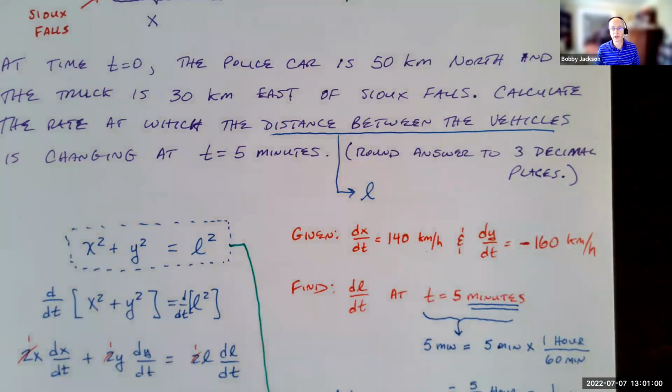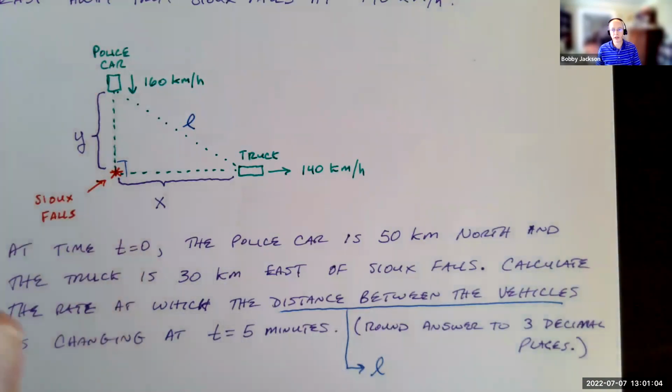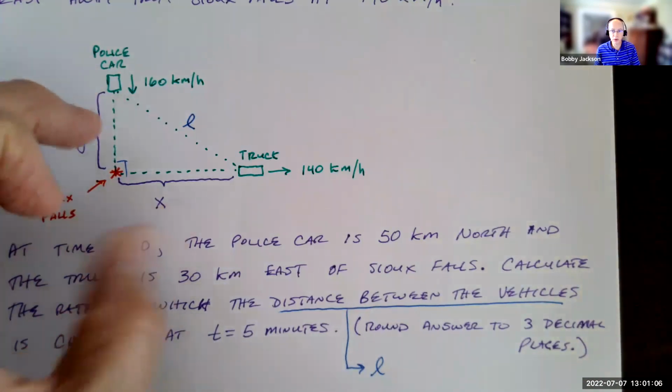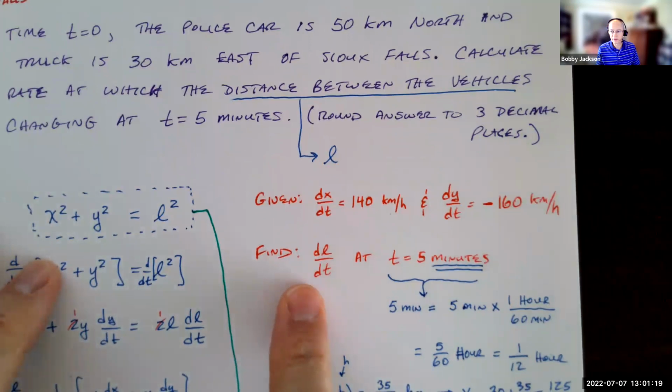That's very important. That's why it's so crucial to make sure you draw the picture if it's not given, clearly label your unknown distances or quantities, and think about what's happening as things move and change with respect to one another. Okay, with that, we're going to find dL/dt.